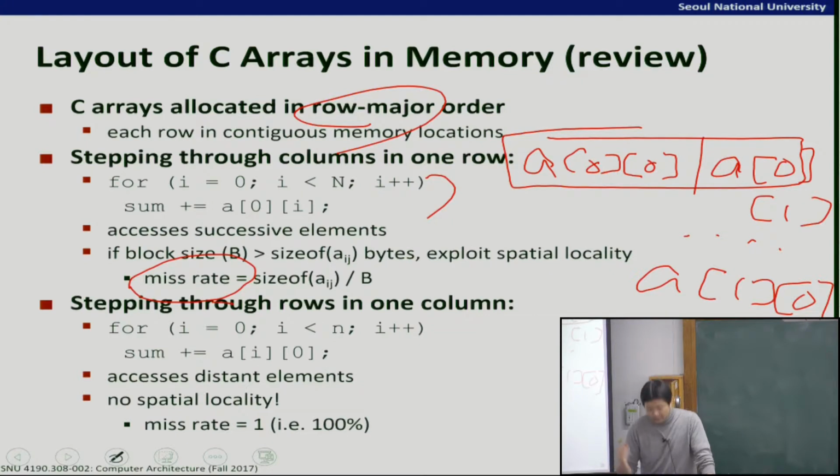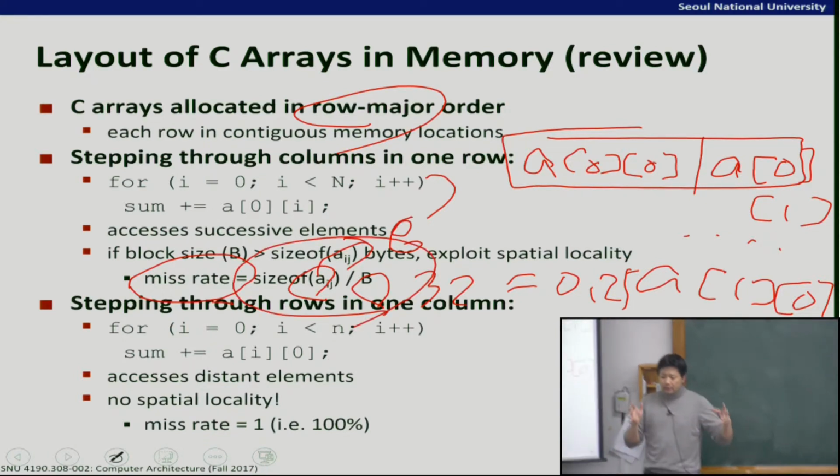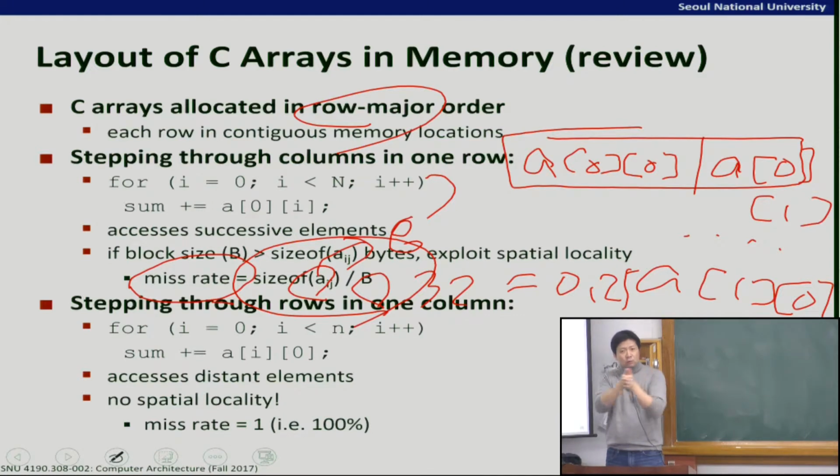In the previous example, the size of the array element was 8 bytes, and the block size was 32, so the miss rate was 0.25. But this is the more general form: if you have a stride 1 access pattern, the cache miss rate will be the size of the element divided by the cache block size.